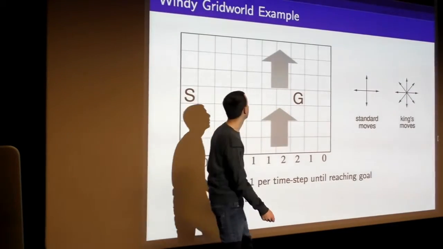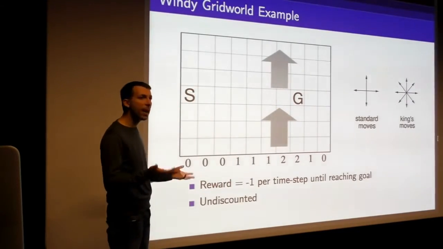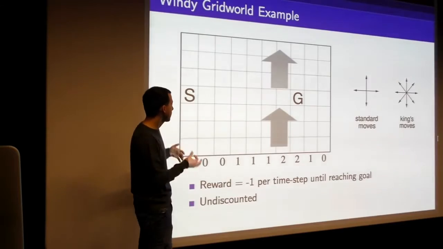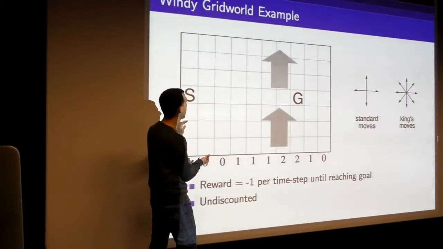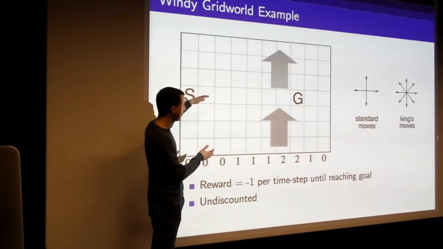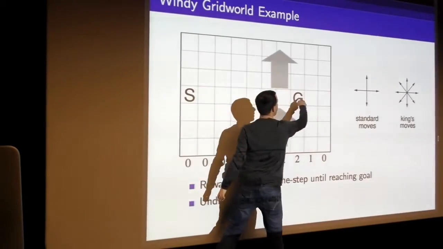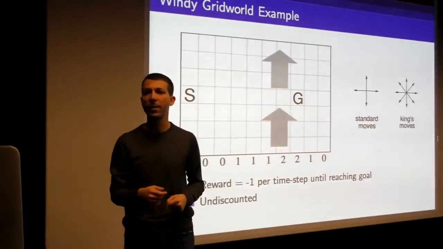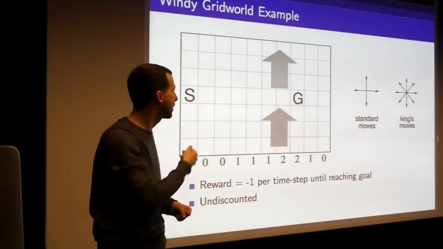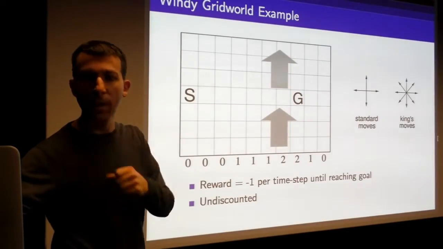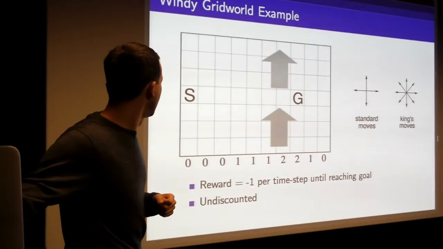1 step here, and 0 here. So the optimal behavior is basically, it has to take account of the fact you want to make as much progress as you can when there's no wind, and I think you end up taking this route, we'll see on the next slide, something like that as the optimal behavior. You have to come back around to get back to the goal. Would you want to just go down and then be blown up to the goal?